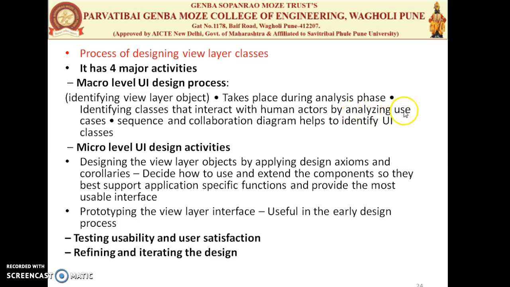The first one is the use case diagram, by which we identify the classes that interact with the human actors, and the second diagram is the sequence and collaboration diagram, that will help identify the UI classes, so the user interface classes. So these two diagrams need to be analyzed in the micro level UI design to identify the view layer objects.